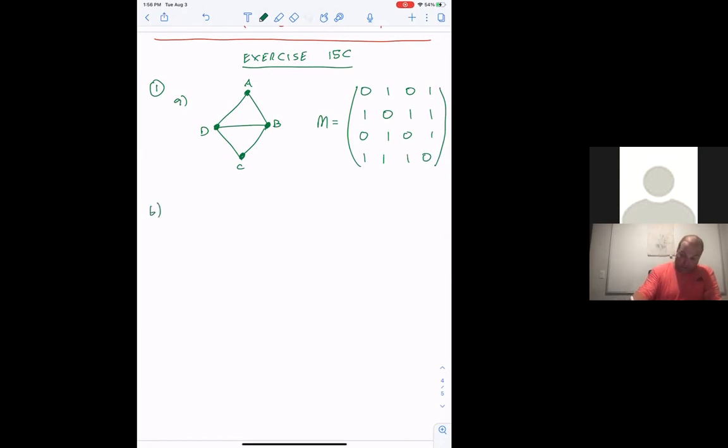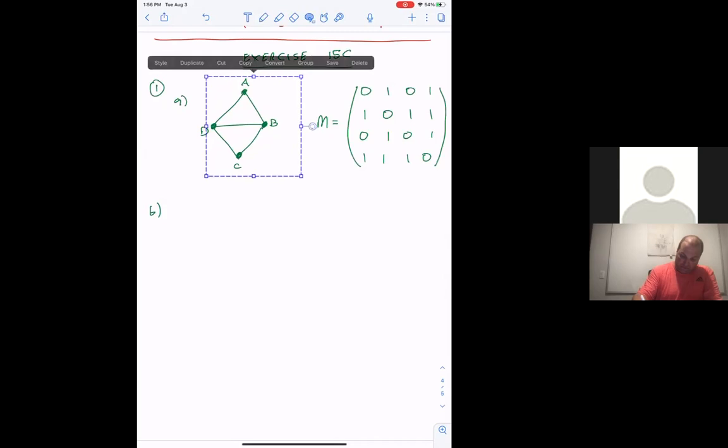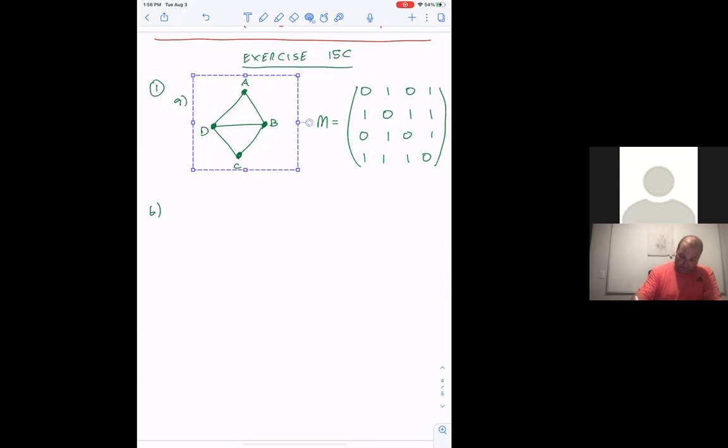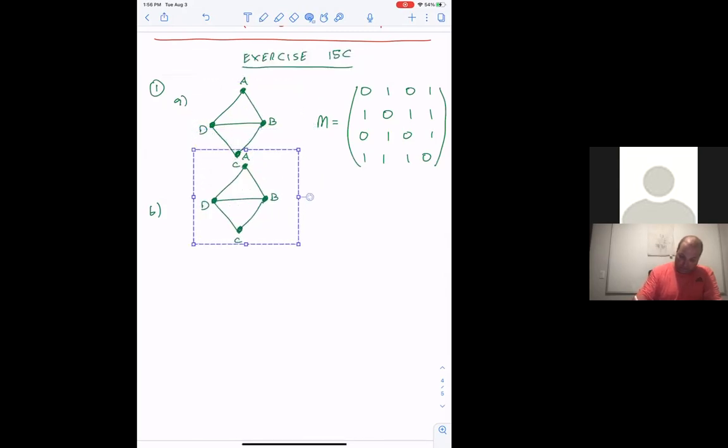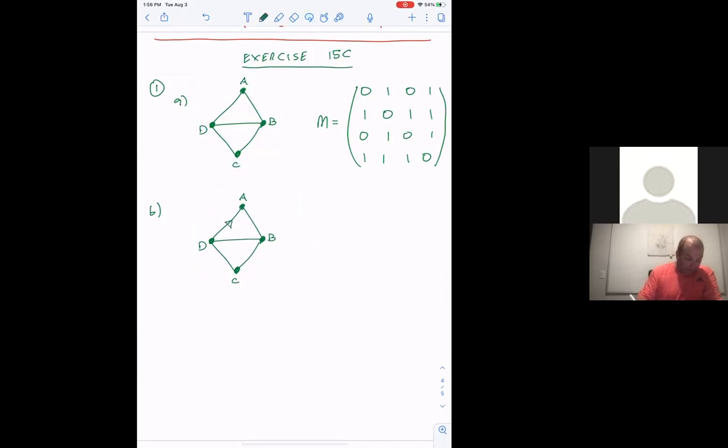Part B. We're going to copy the graph, and we are going to make it into a directed graph by putting a direction here, a direction here, a direction here, a direction there, and a direction there. So go ahead and pause and come up with the adjacency matrix.